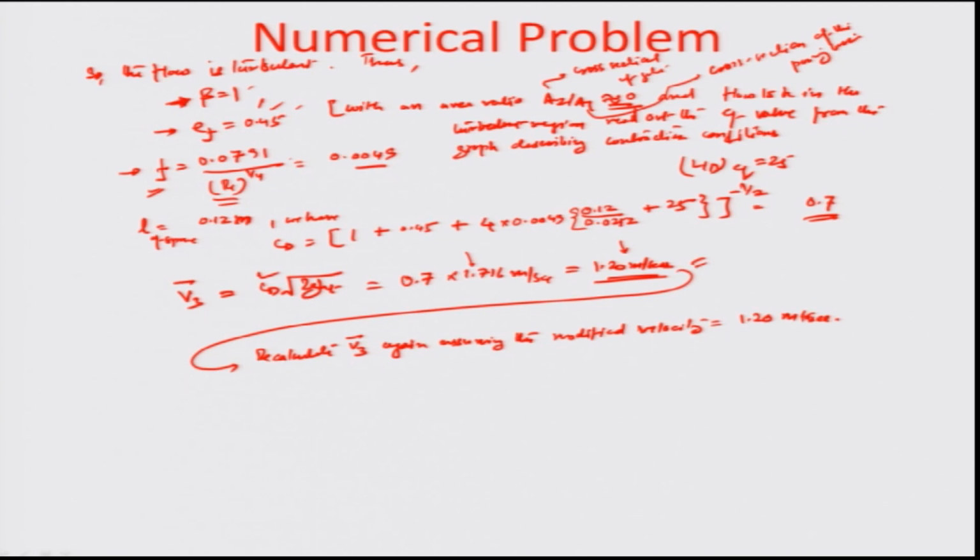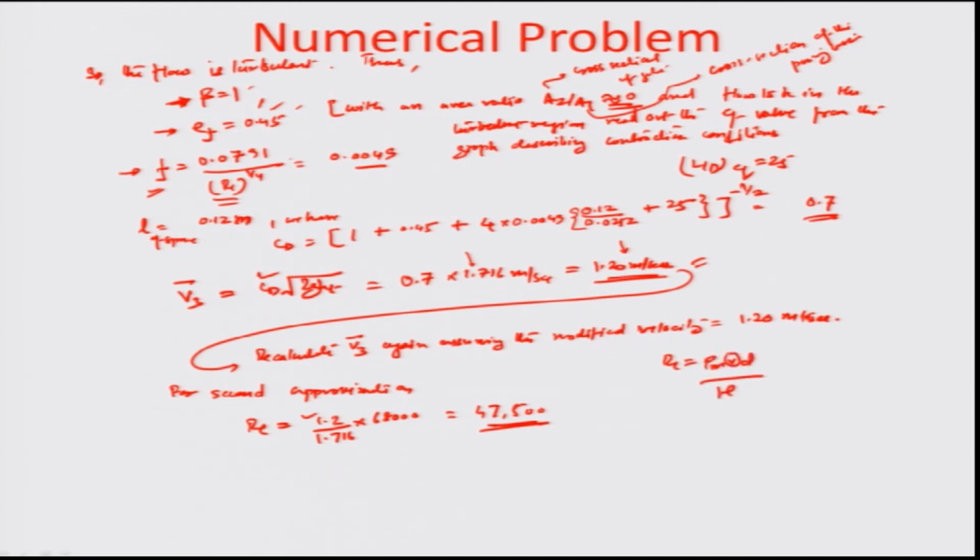Let us, for the second approximation, calculate the modified Reynolds number. This becomes equal to, obviously we can say it is just a velocity ratio, 1.2 by 1.716 times the earlier obtained Reynolds number of 68,000, which is about 47,500. Obviously you know that Re equals rho V d by mu.